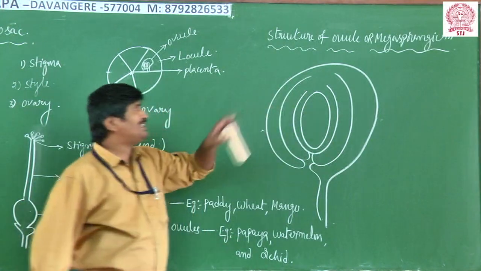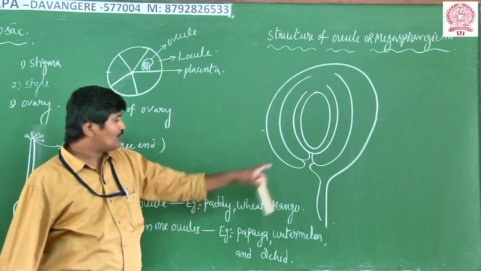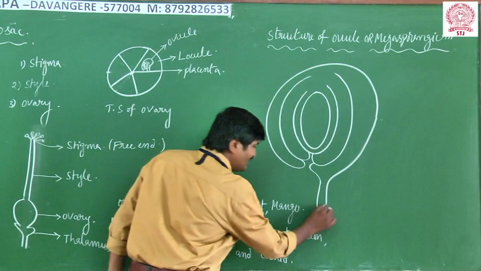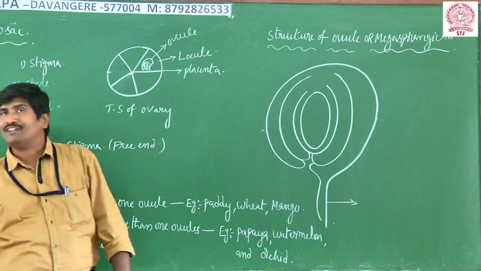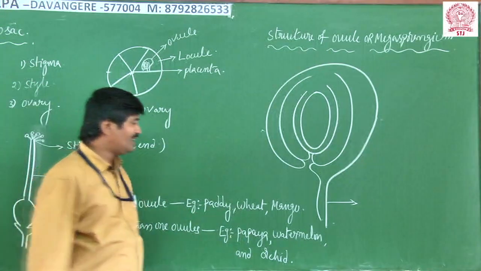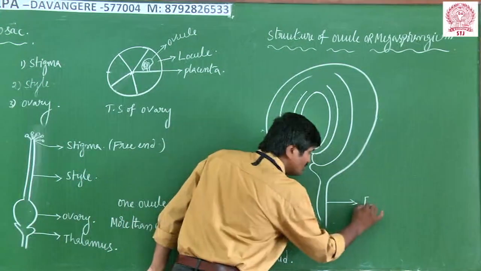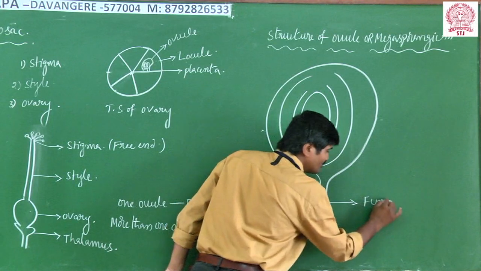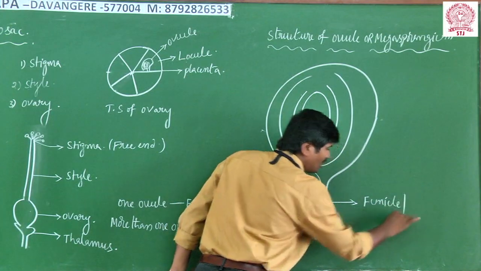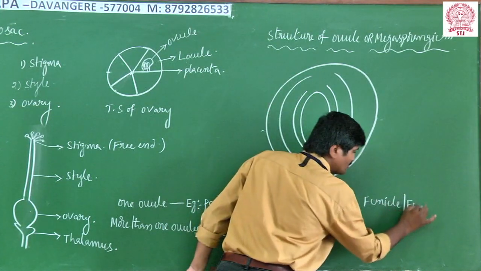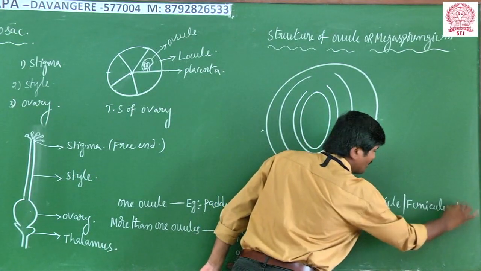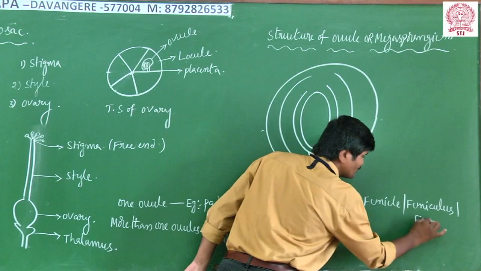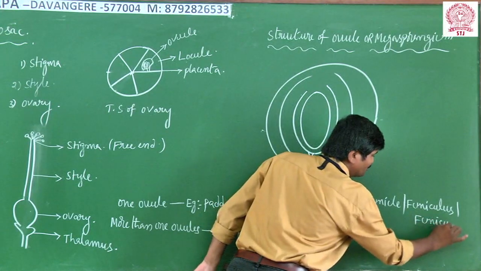In the structure of the Megasporangium or ovule, the first part is a stalk-like structure. The stalk-like structure of the Megasporangium is known as the funicle, or funiculus, or funiculum.